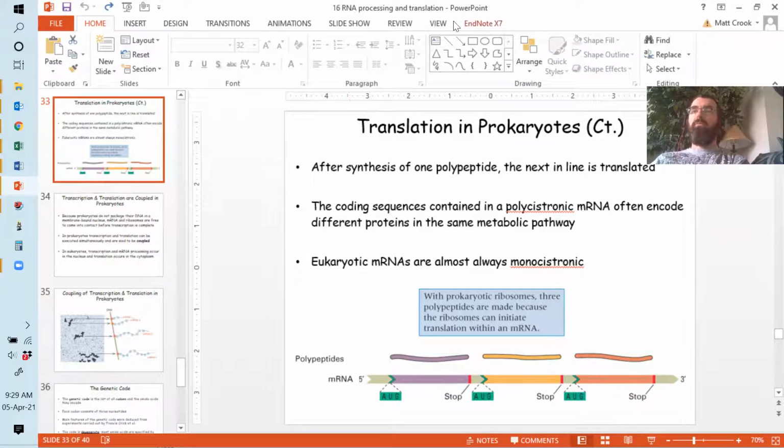Let's just bring that up. And those operons produce those polycistronic mRNAs.